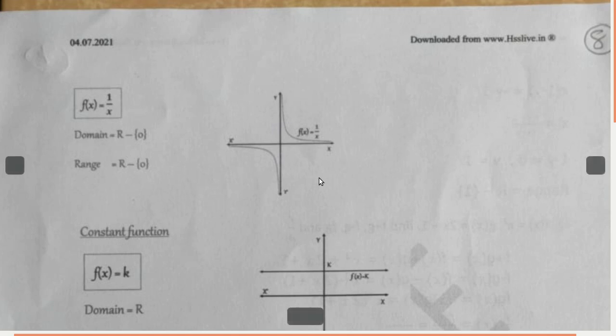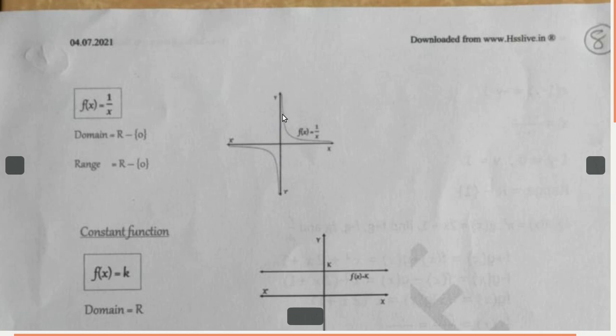Another question, f of x equal to 1 by x. So we have the graph for f of x equal to 1 by x, that is this type of graph. Here, what happens when you consider 0? 0 is here. This graph does not touch when x equal to 0.